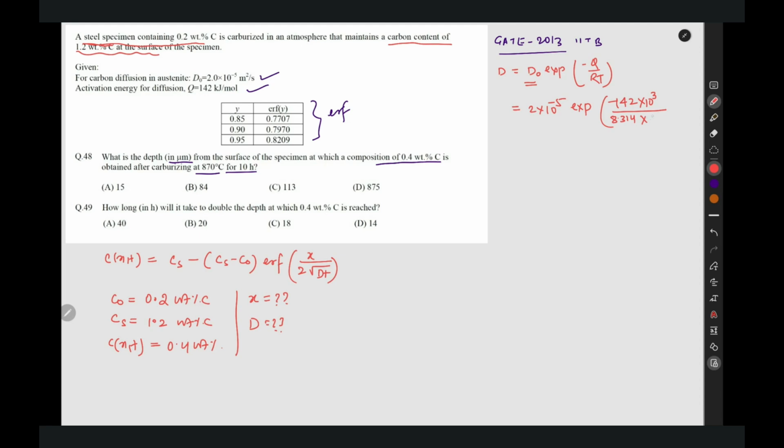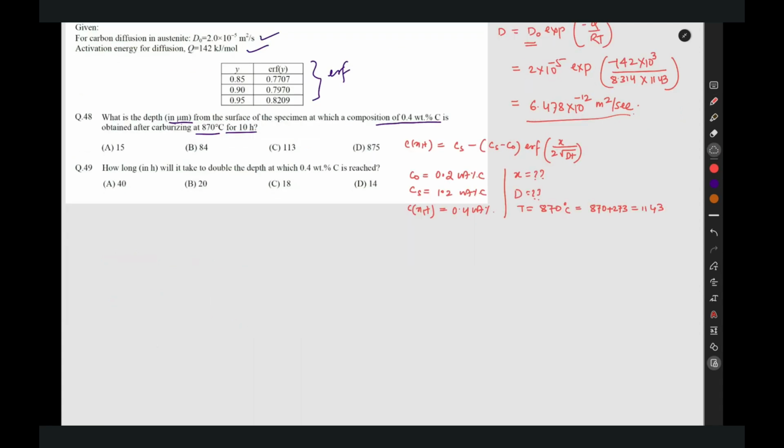Temperature is 870 degrees Celsius, so we will convert it into the absolute scale as 870 plus 273 Kelvin. After calculating we will get 6.478 into 10 power minus 12 meter square per second.